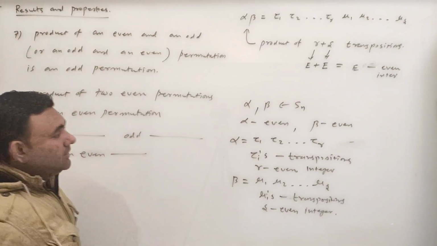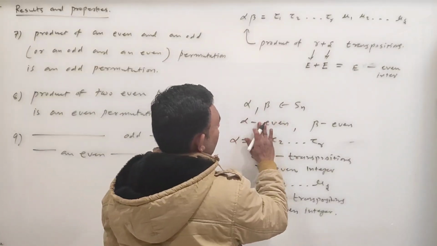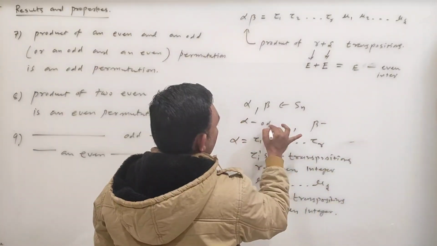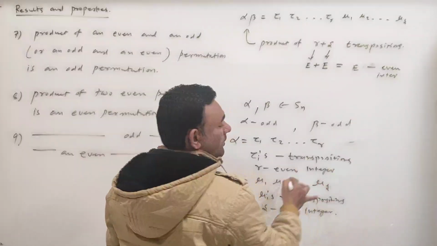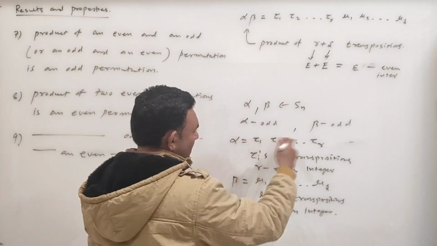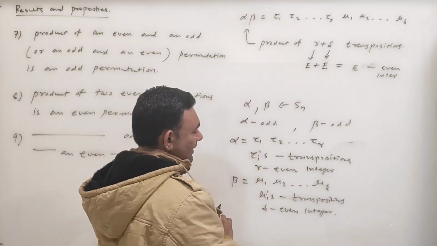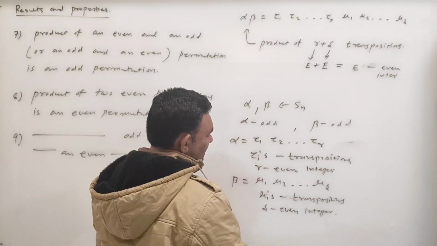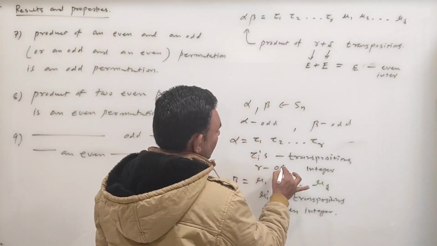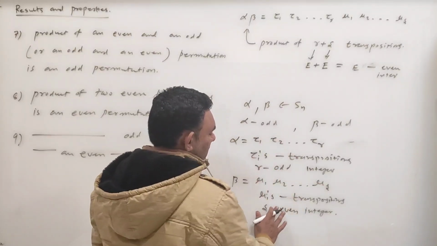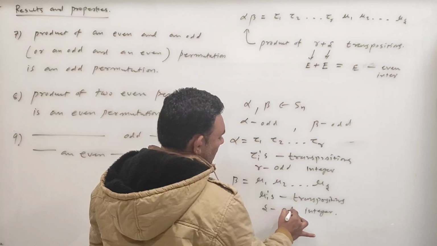Even permutation how? Suppose alpha and beta are both odd. So alpha is a product of tau i's, beta is a product of mu i's. The tau i's and mu i's are transpositions, and r will be odd because alpha is odd, and s will also be odd.